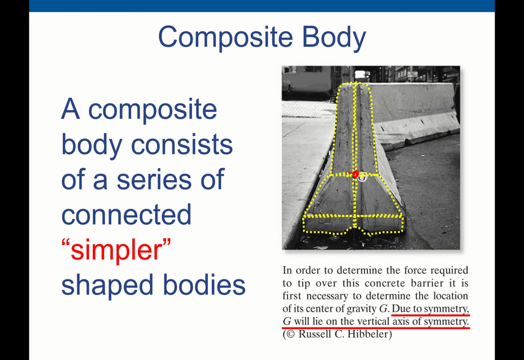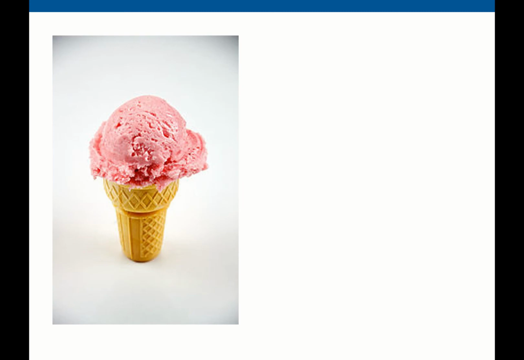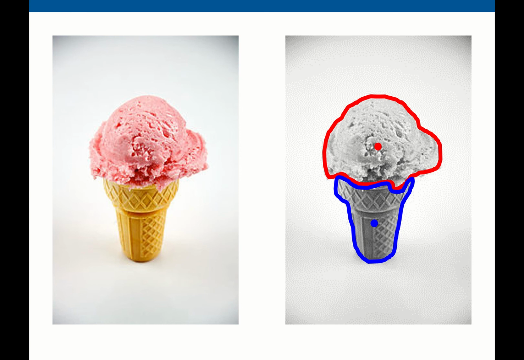Okay, so a composite body consists of a series of connected, simpler-shaped bodies. If you think about the ice cream, we can decompose this ice cream cone into an ice cream part and a cone part.